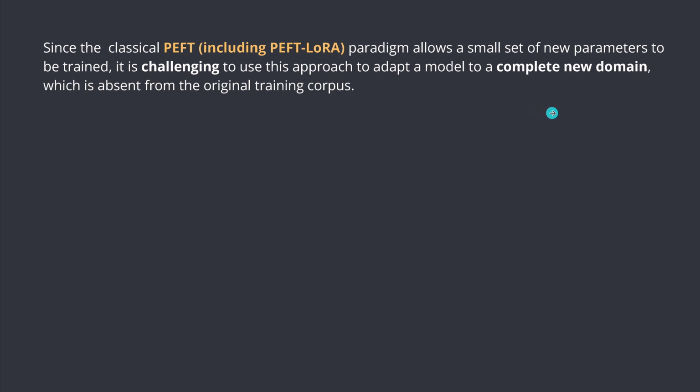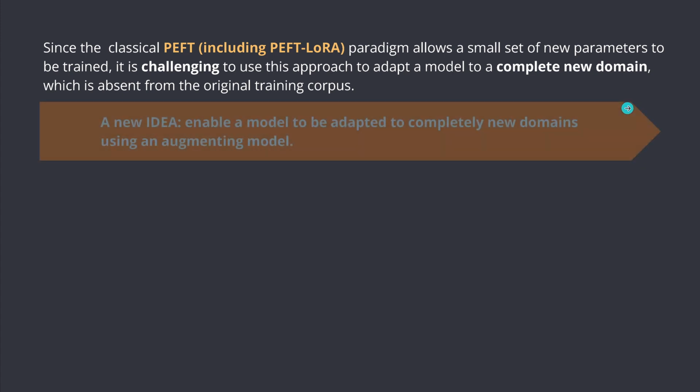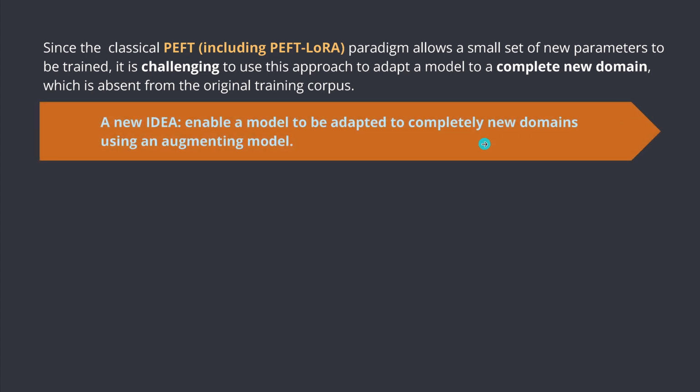You know, it's almost impossible to do here a parameter efficient fine-tuning since we have a complete new domain. Now we are looking for something to enable here a model to be adapted to complete new knowledge domains using here an augmented model.